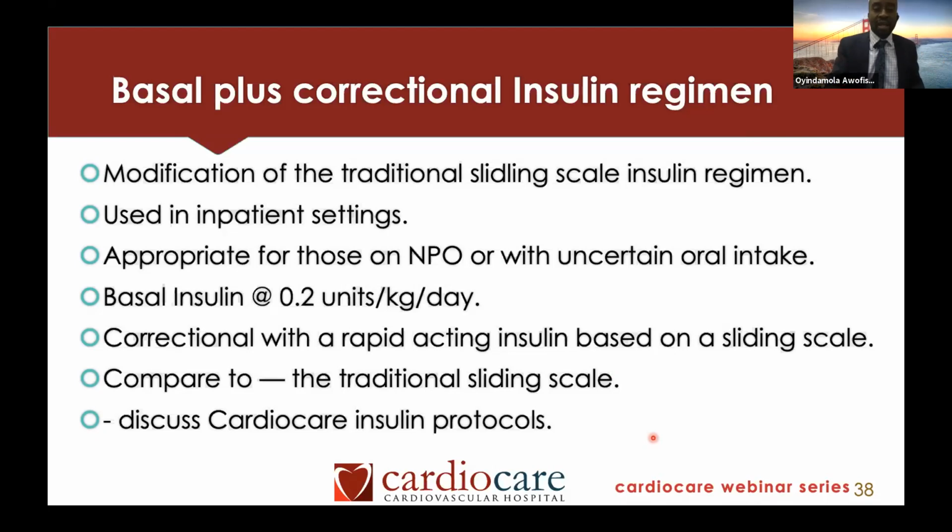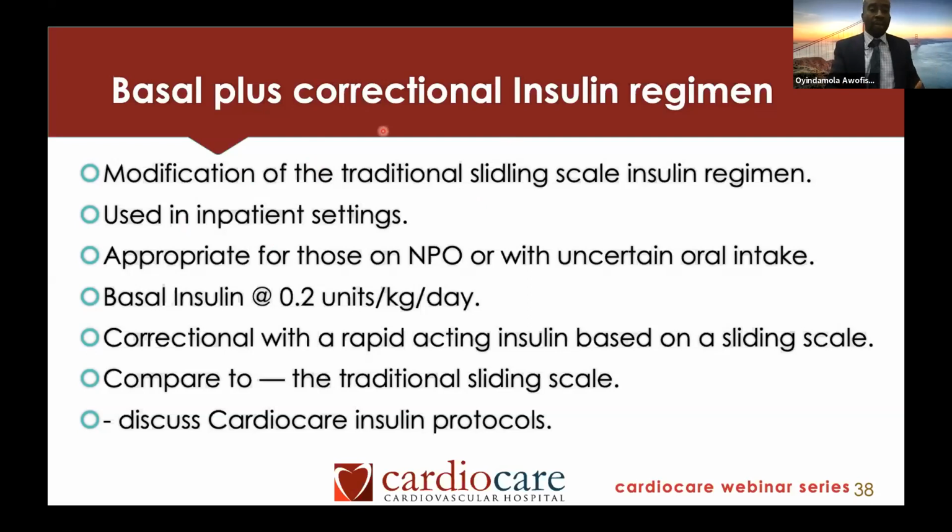And because of that, we now know that if you give a constant basal insulin, and give the rapid insulin as correctional insulin, the glycemic control is usually much better.